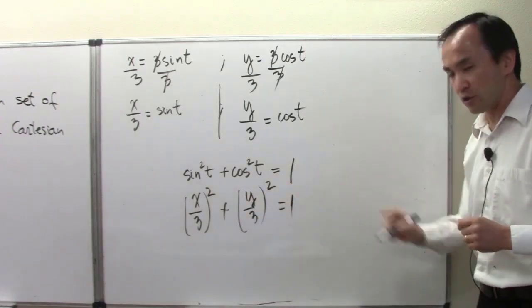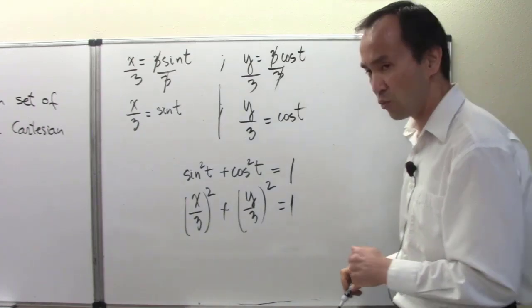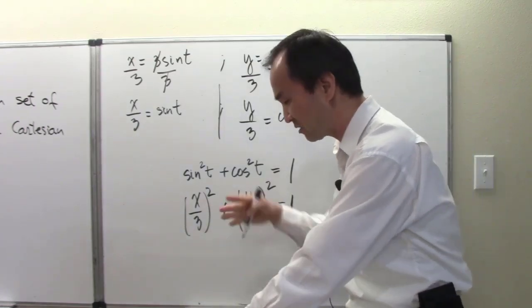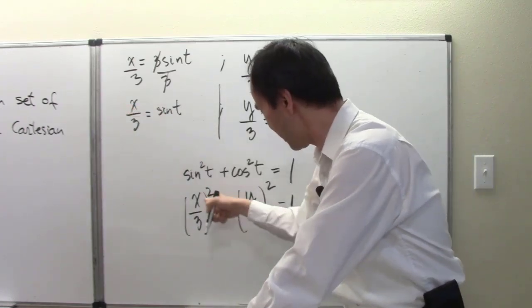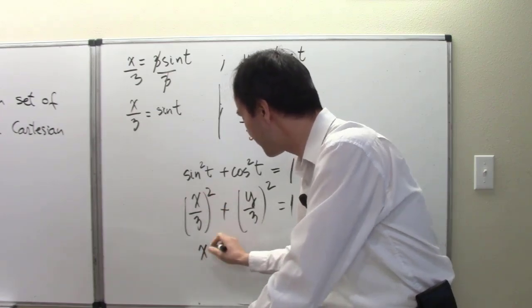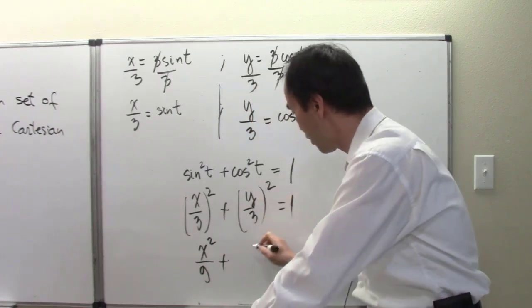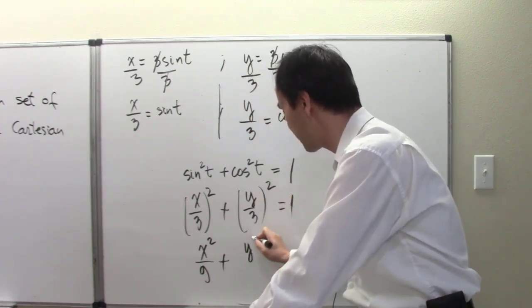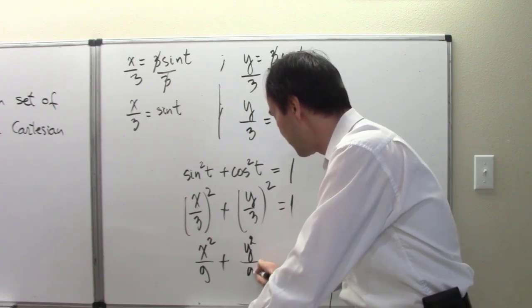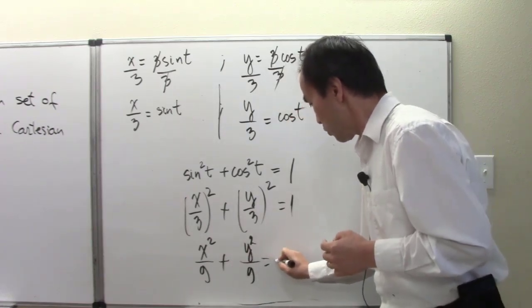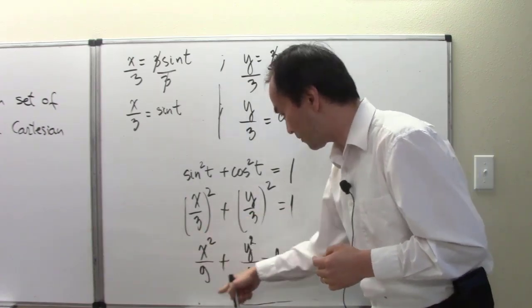So that is our Cartesian equation already. But we want to take it algebraically a step further. That is the same as x squared over 9 plus y over 3 all squared, which is y squared over 9, equals 1. So that is another form of our Cartesian equation.